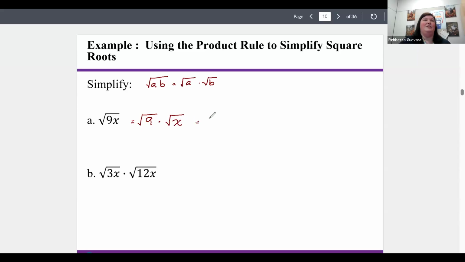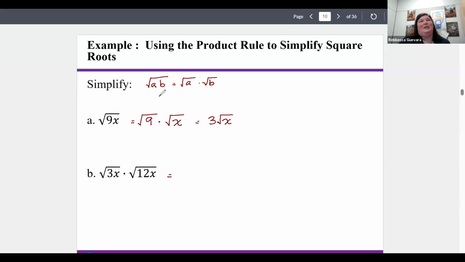Now we know the square root of 9 is just 3. Now that square root of x, we have to go back and talk about that. We also had another rule that said that if I do the square root, oh wait, nope, that one can't change. We'll leave that one as is. I was looking at a there, but no, that's where we stop on that one. I'm sorry, b here, that's where we have to use another rule.